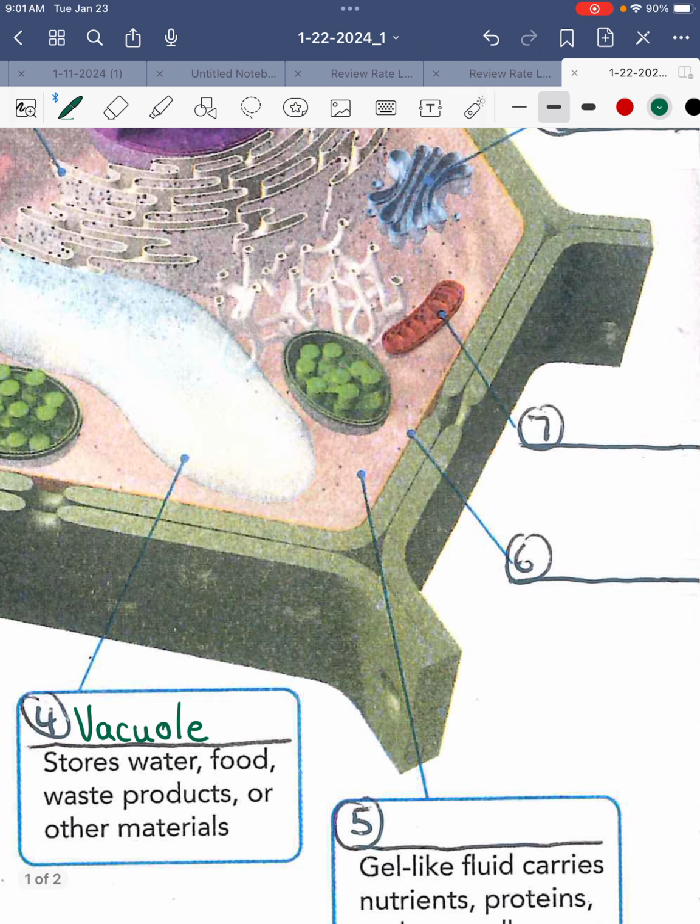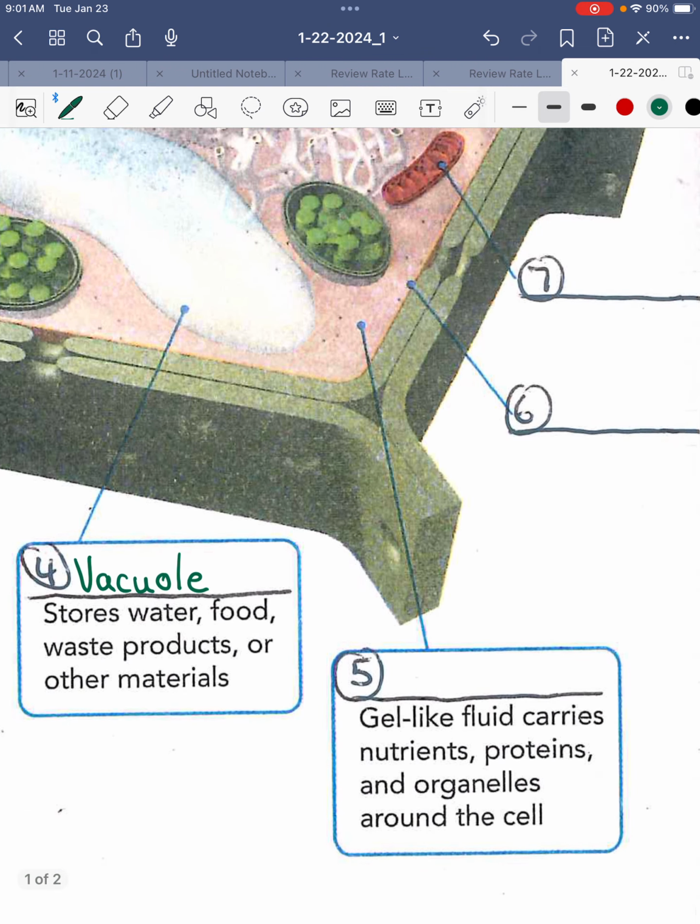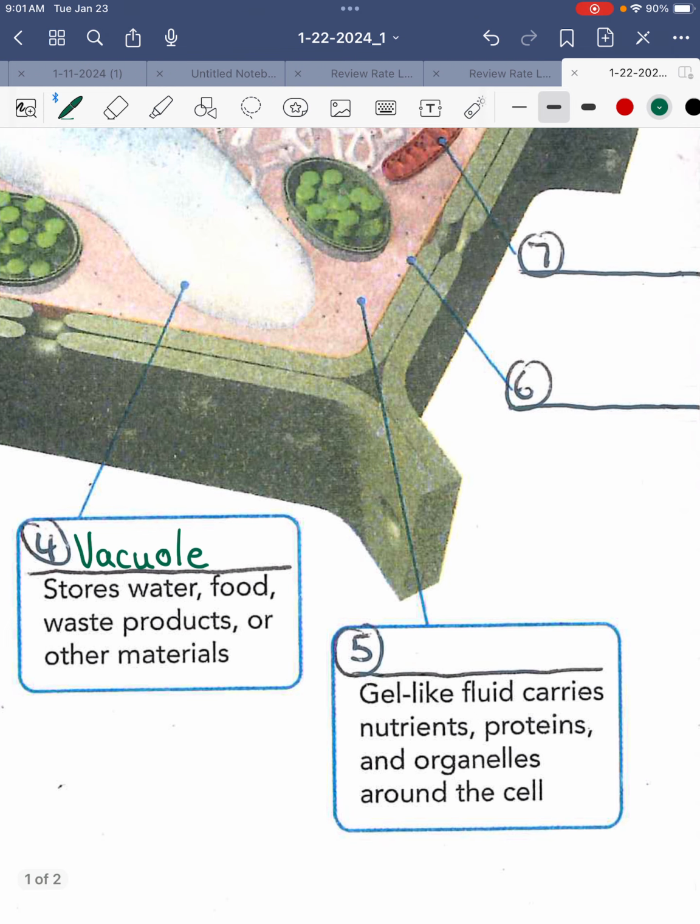Next, we're pointing at all that pink gooey stuff around the cell, and that is called cytoplasm. Whenever you see the prefix cyto, C-Y-T-O, that generally means cell-related stuff. So cytoplasm is the plasm in the cell.